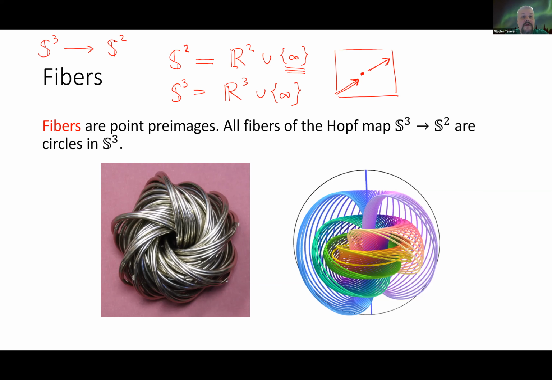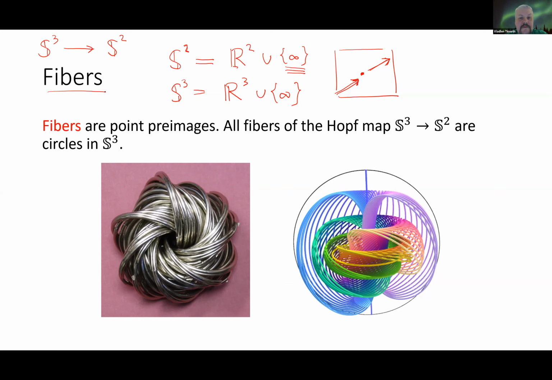Therefore, we'll lose one dimension, and it would be natural that preimages of points are one-dimensional curves. Indeed, if you take the preimage of any point, and this is a very straightforward computation, you can compute that the point preimages, these are also called fibers, the fibers of the Hopf map are circles.